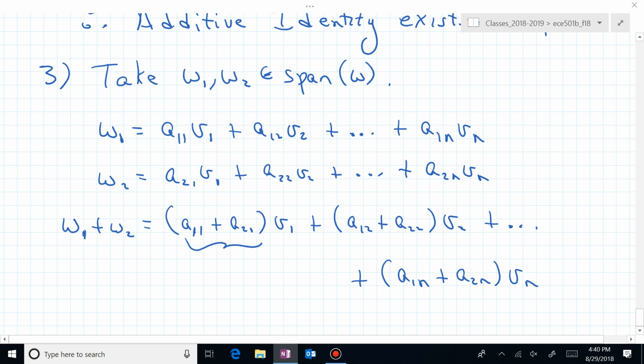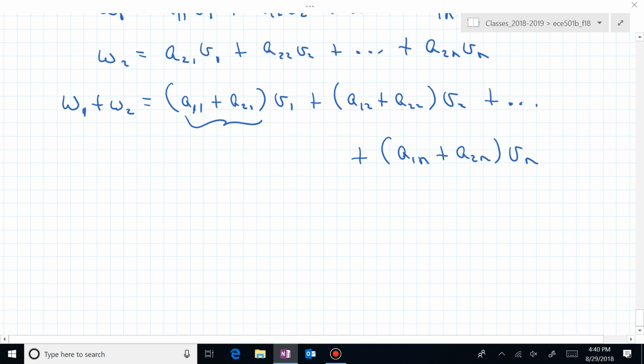Where did they live? In a field. And what do we know about a field? It's closed under addition, isn't it? So now we know that all of these coefficients belong to the same field. A11 plus A21, we could just call that alpha 1 to get back to just one subscript. This we could call alpha 2, and this we could call alpha sub n.